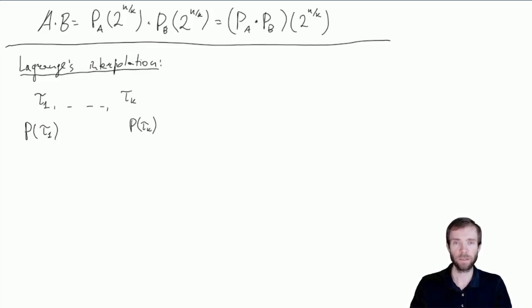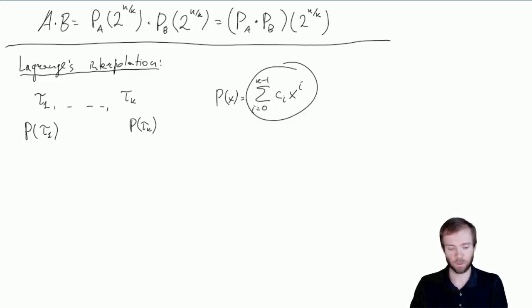Then we can reconstruct the polynomial uniquely, assuming that we bound the degree of the polynomial. So if we are searching for the polynomial of the form p of x equal to the sum of ci x to the power of i, then all the coefficients of this polynomial are uniquely determined by its values in k distinct points.